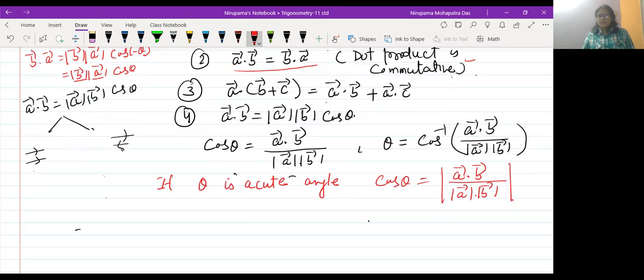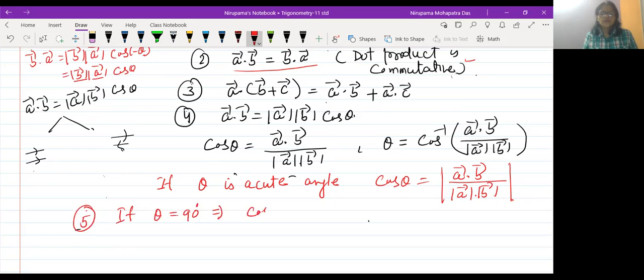If in the question nothing is given and it is simply asked to find the angle between A and B, you can take theta to be the acute angle between A and B. So cos theta equals magnitude of A dot B by magnitude of A into magnitude of B. Then you can get theta. That is the fourth property. Now coming to the fifth property, here theta equal to 90 degrees. So this implies what?